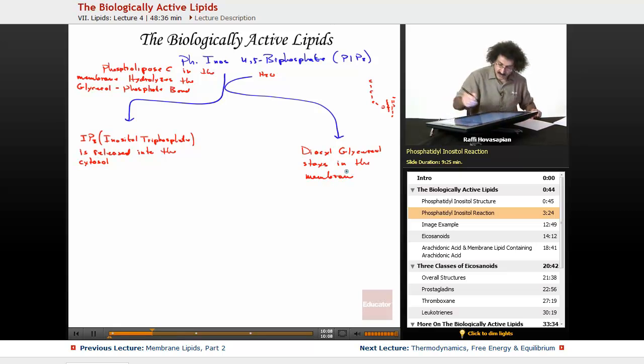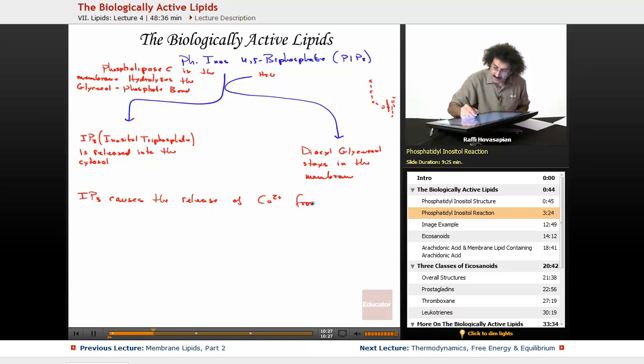Okay. Now, here's what happens. This IP3 that's now in the cytosol causes the release of calcium ion from the endoplasmic reticulum, from the ER.